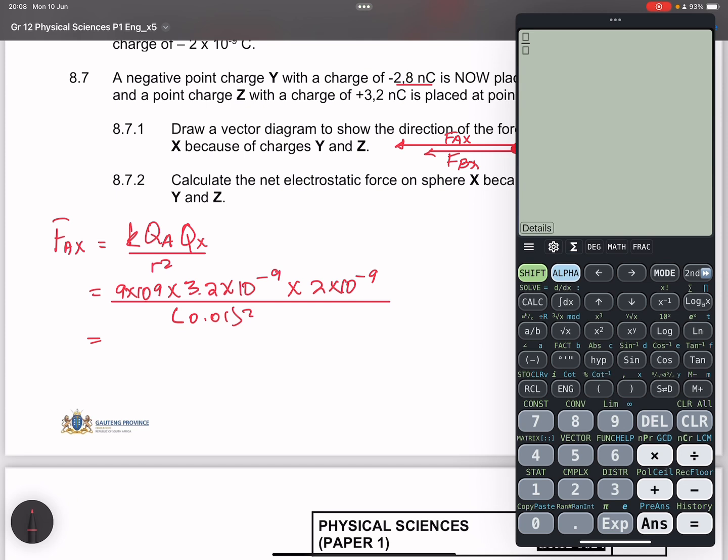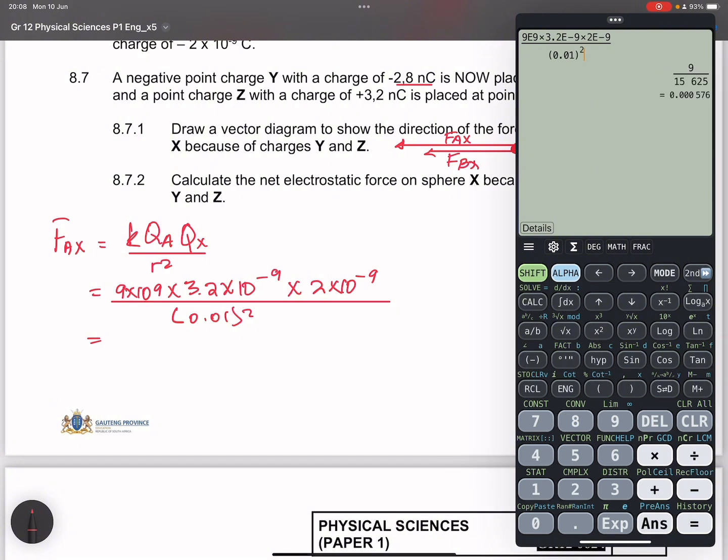In fact, we could have made that much easier for ourselves. We already had the field. So that's 3.2 times 10 to the minus 9 times 2 times 10 to the negative 9, and this is divided by 0.01, apologies, that's squared.